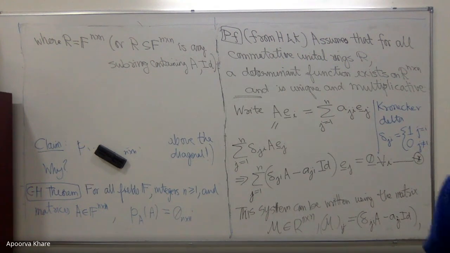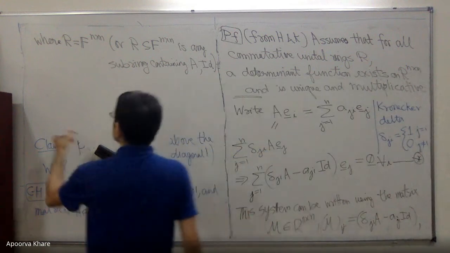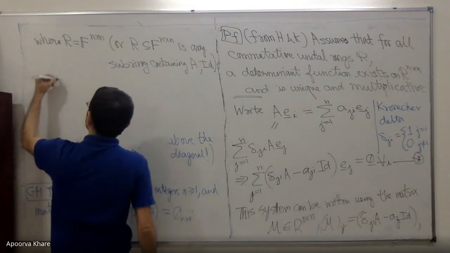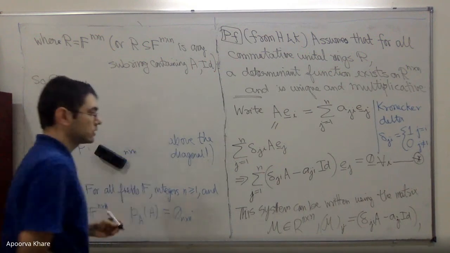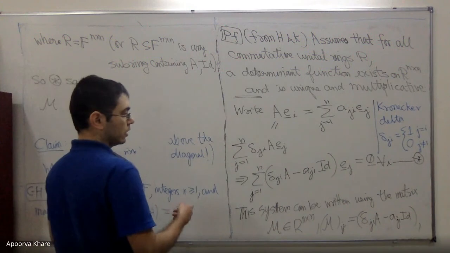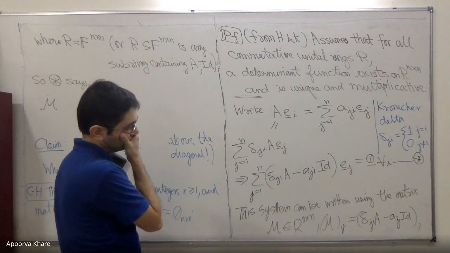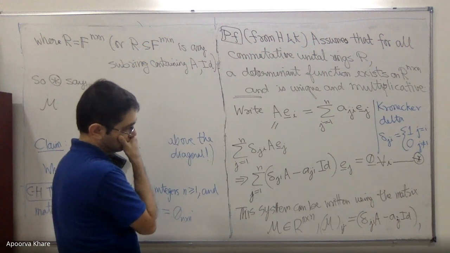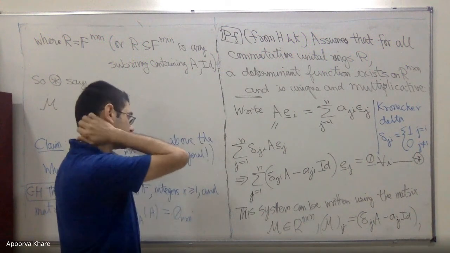Okay, great. So now, as I said, determinant exists, it's unique, it's multiplicative. So now, the star says, if you look at the M matrix, is this M or is it M transpose?